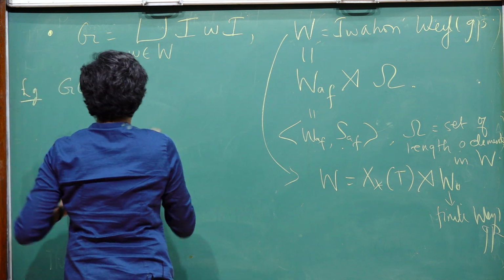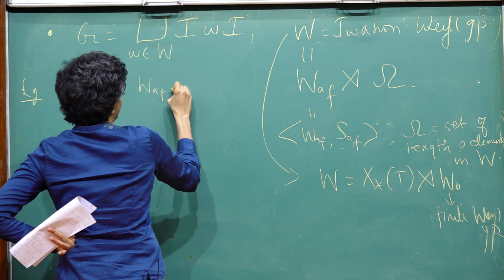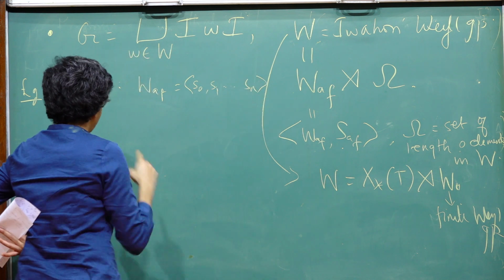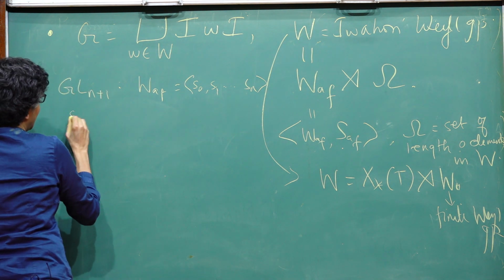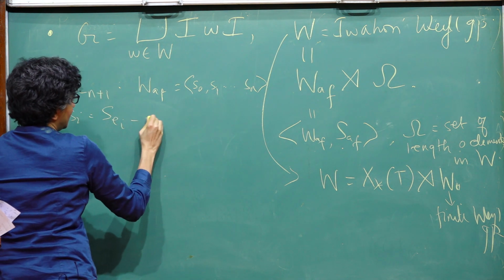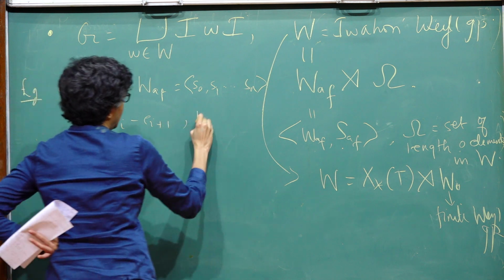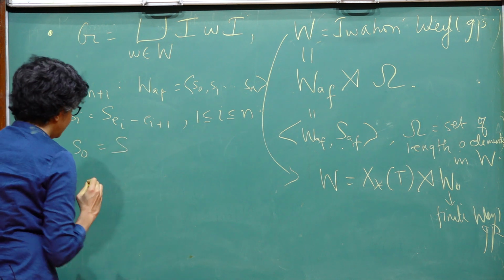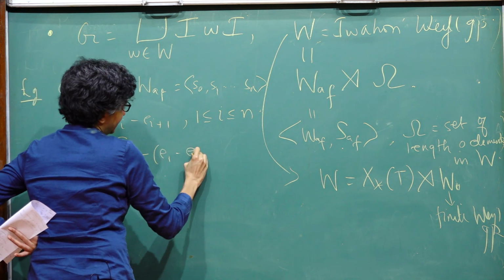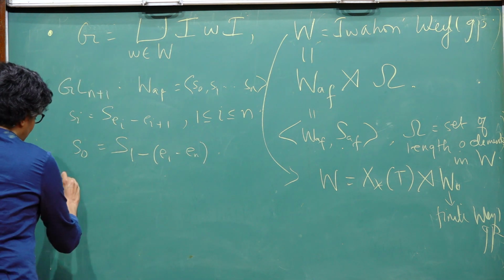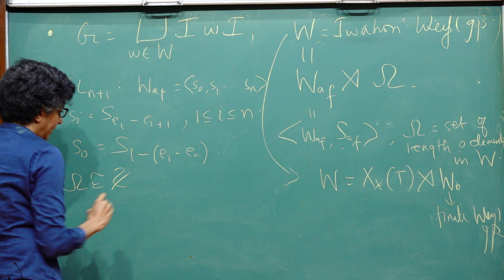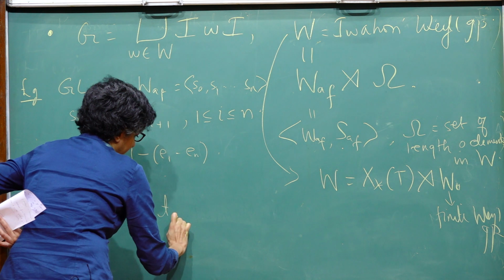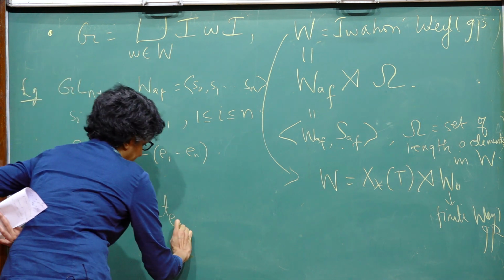Okay, so for GLn+1, W affine is generated by say S0, S1 through Sn. These are the finite simple reflections for GLn. So Si is s of Ei minus Ei+1, 1 less than or equal to i less than or equal to n, and this S0 is this affine simple reflection, which is 1 minus E1 minus En, and this group omega is actually isomorphic to Z, and it is generated by the element T of En+1.